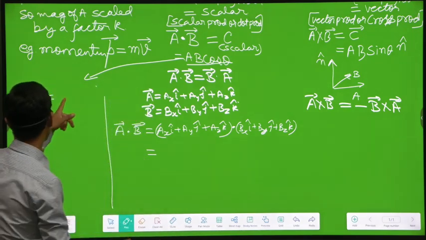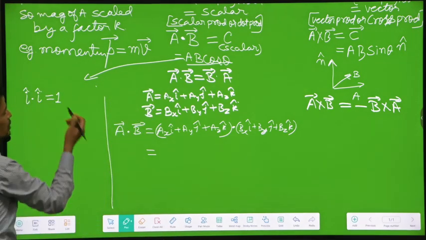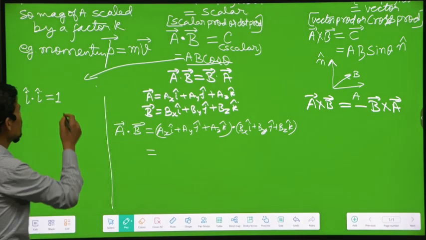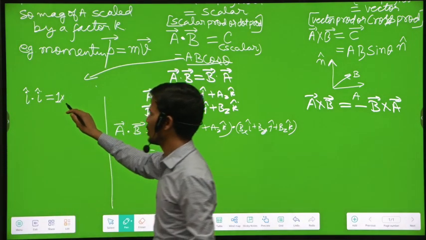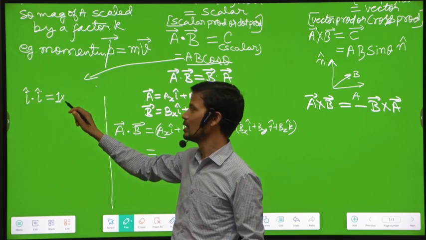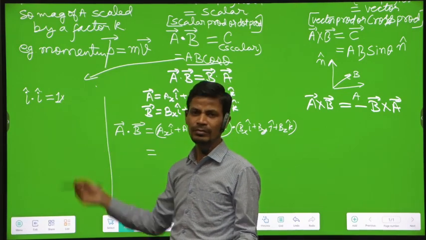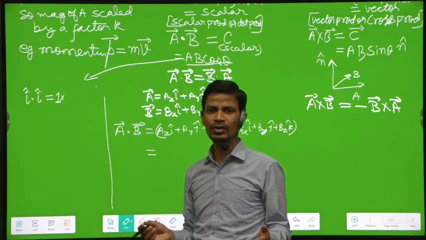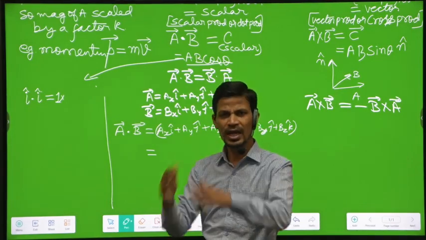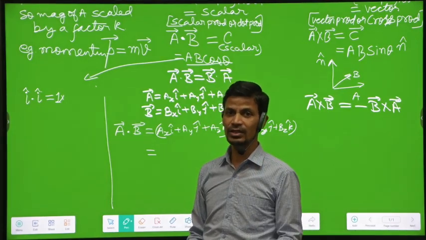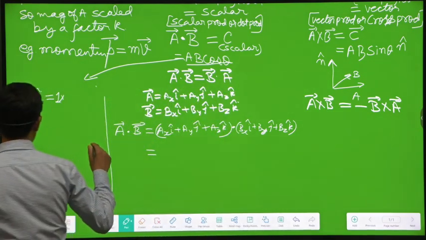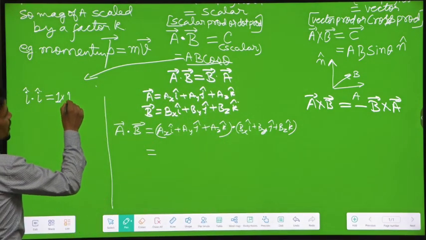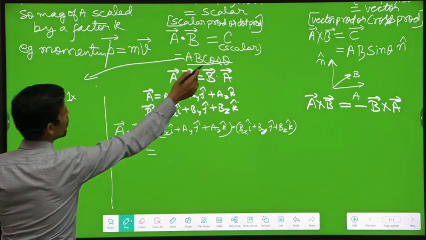So mod of i will be 1 because it is a unit vector, its magnitude is 1. Multiply, don't consider it as cross product multiply sign. Now these are just numbers, these are just the magnitude. For magnitude you can use any of the symbols, but for vectors you must be very specific. Okay, 1 multiplied by 1 multiplied by cos theta.